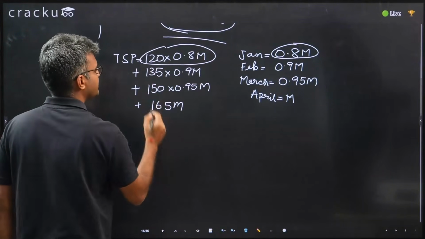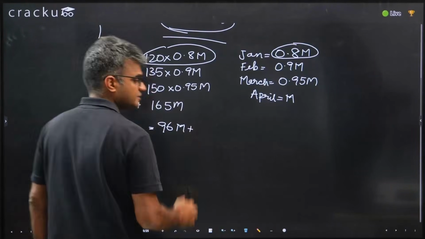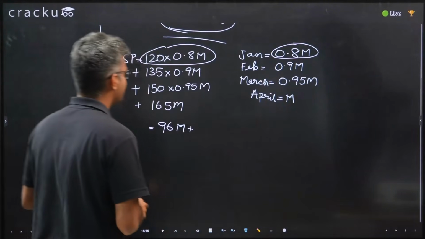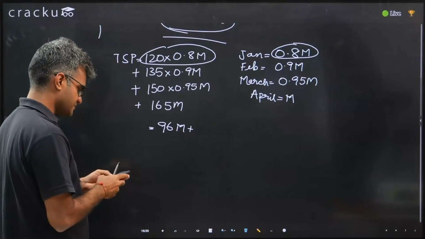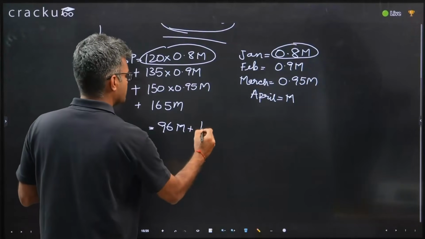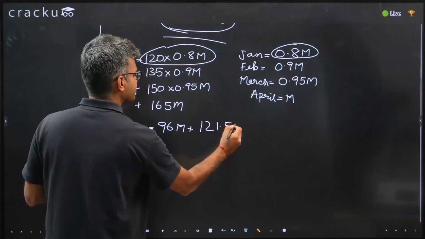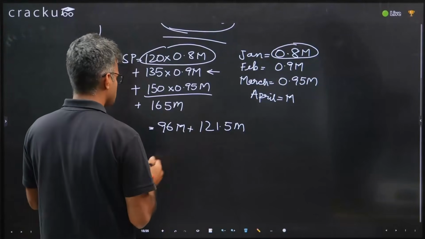120 into 0.8M is 96M. For the remaining things, again I'm going to use the calculator. What is 135 into 0.9? This is 121.5M. What is 150 into 0.95?